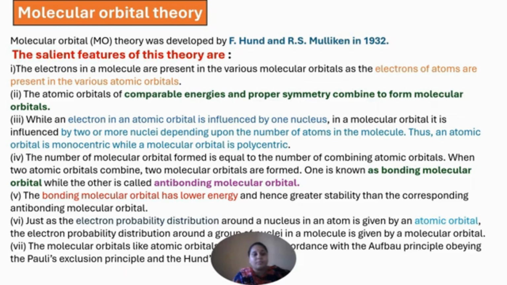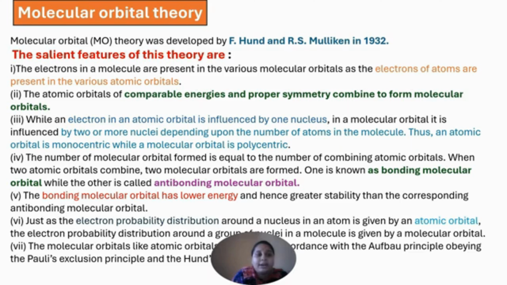So the next concept is molecular orbital theory, and this theory was developed by Hund and Mulliken in 1932. The salient features of this theory are: the electrons in the molecule are present in various molecular orbitals, as the electrons of atoms are present in the various atomic orbitals, and the orbitals of comparable energies and proper symmetry combine to form molecular orbitals.